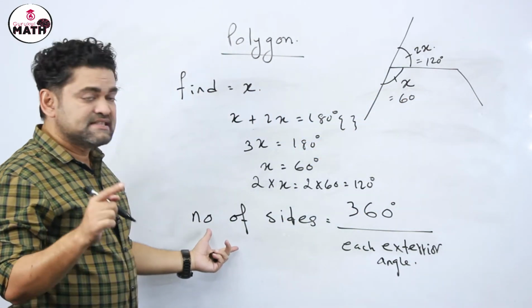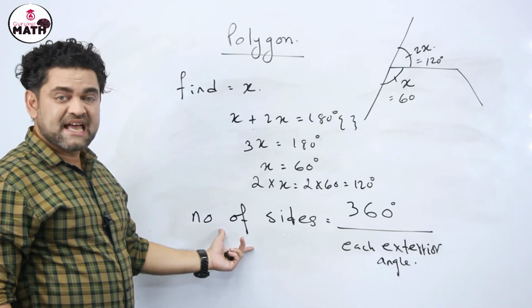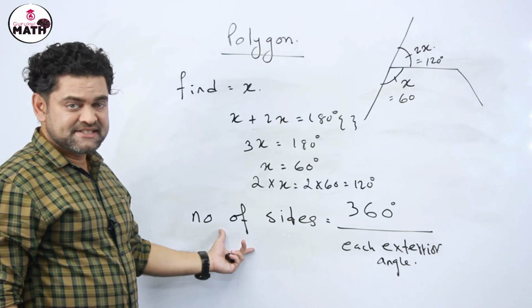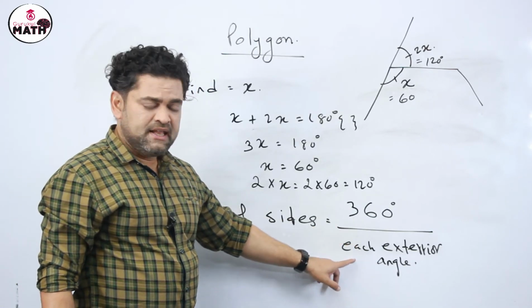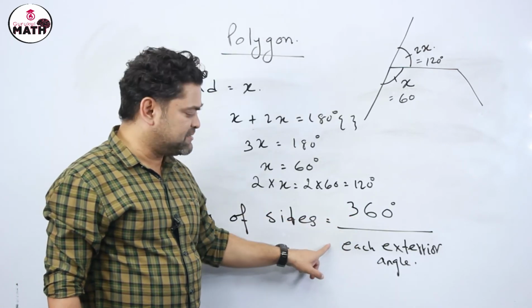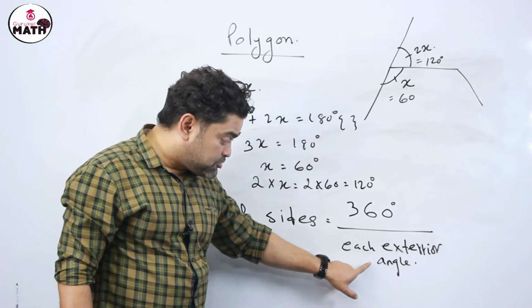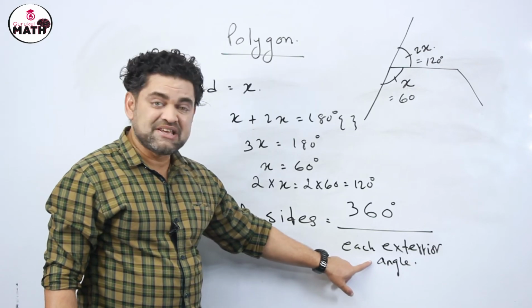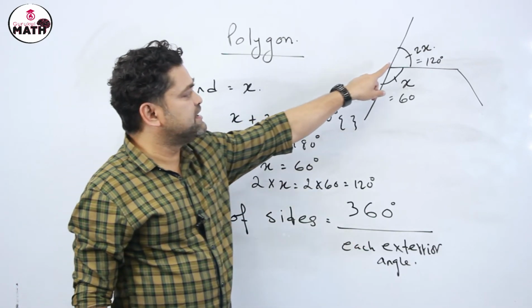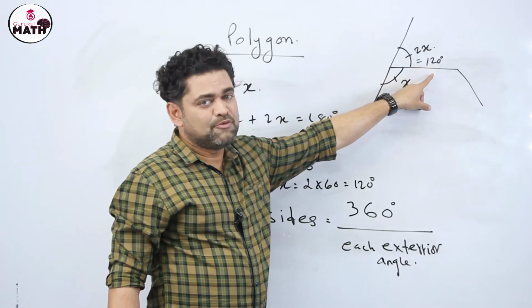But my main concept was to find the number of sides, which was very important. If I need to find the number of sides, I need to follow this formula, and the formula is 360 degrees divided by each exterior angle. So to find this n, the number of sides, I need to find the exterior angle. And that's how I found the exterior angle here, 120 degrees.